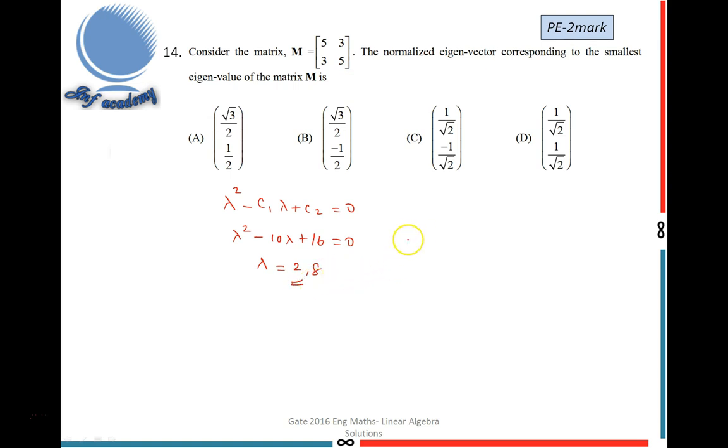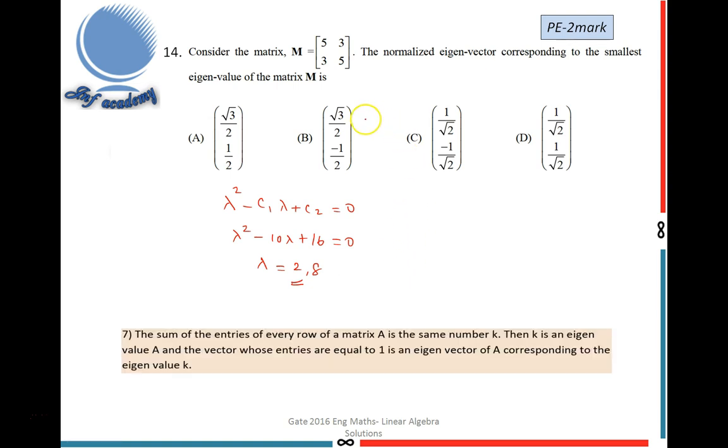Here I explain another way to find the eigenvalues. Using one property: if the sum of all the entries in every row of a matrix A is the same number, then that number is one of the eigenvalues. Here 5 plus 3, adding all the entries in the first row, gives 8, and the second row is also 8. So immediately you can say 8 is one eigenvalue.